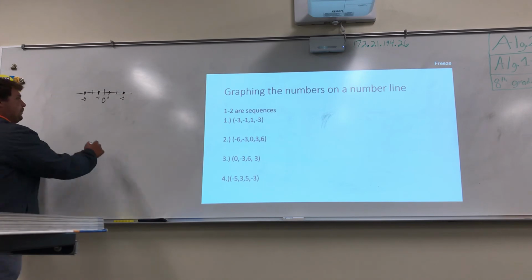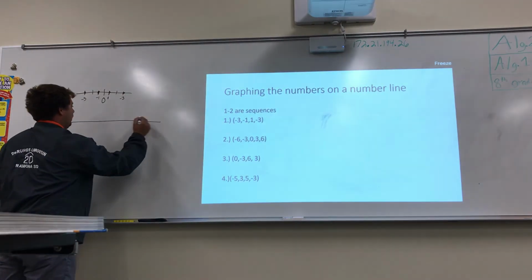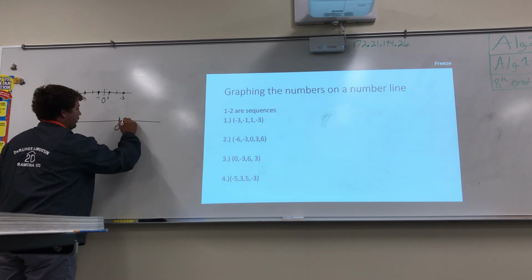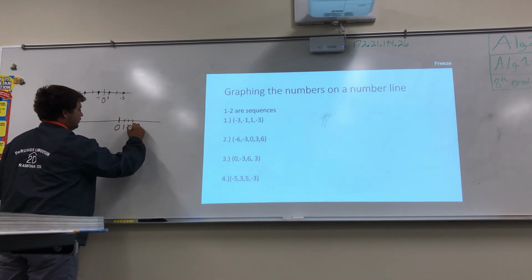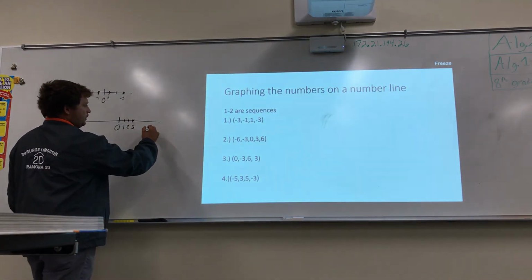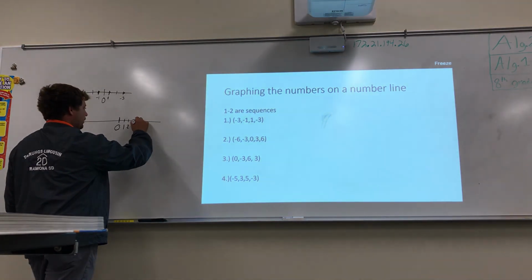Number 2 is kind of the same thing, only a little longer. They've already put it in sequence for us. Thank you, book. Should be a point there. And there should be a point there.